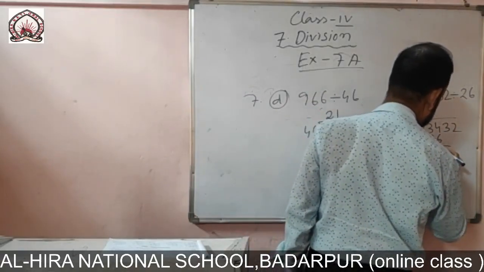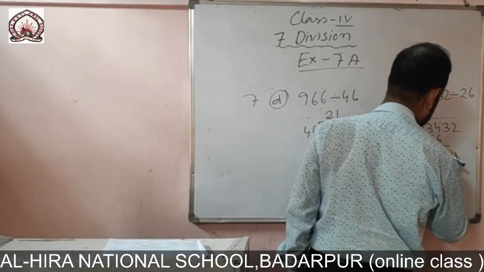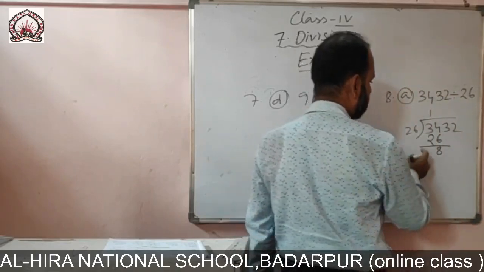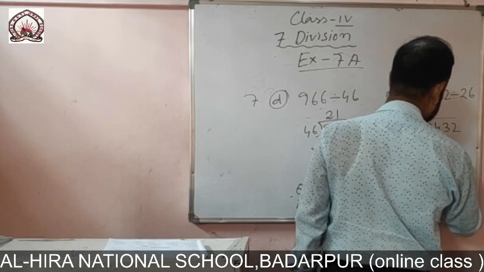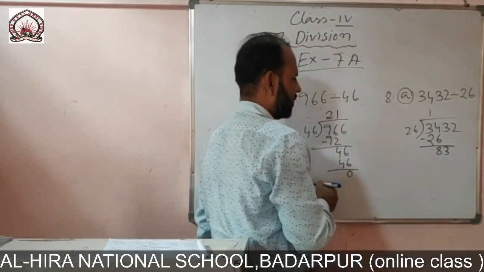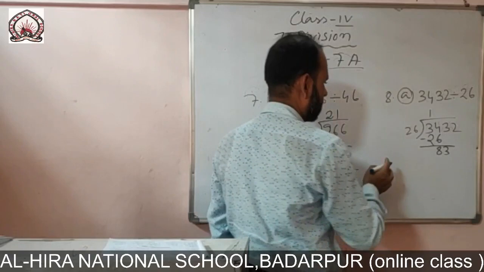There remain 2. 2 minus 2 is equal to 0 and take down 3. Now it is 83.